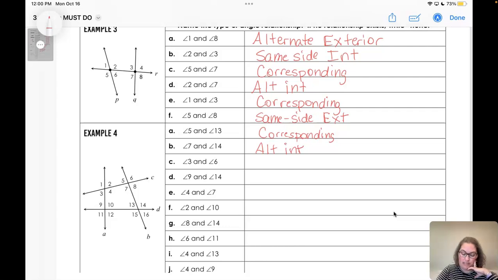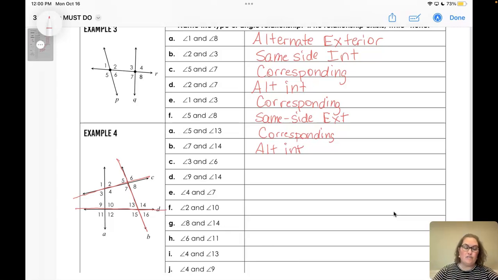Then we've got 3 and 6. So here I have 2 sets of lines, and then they're cut by 2 transversals. So you can look at them 2 different ways. These first 2, we had 5 and 13 talking about this line, that pair of lines, and this line B is your transversal.